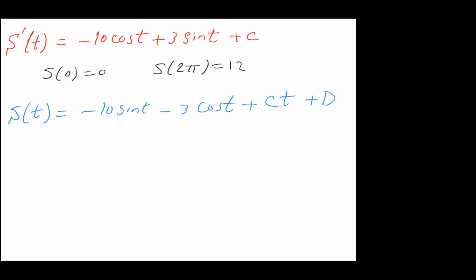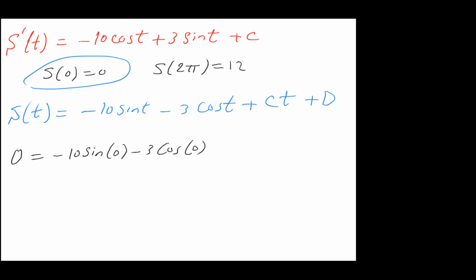Okay, so now I want to use my initial conditions. What is this s of 0 equals 0? What can that tell me? So if I plug in, 0 equals minus 10 times sine of 0 minus 3 times cosine of 0 plus some constant c times 0 plus d.